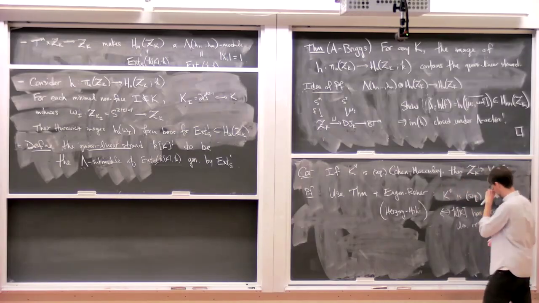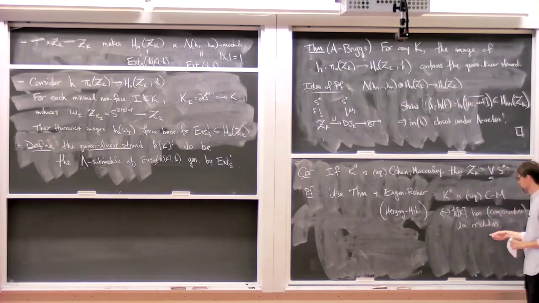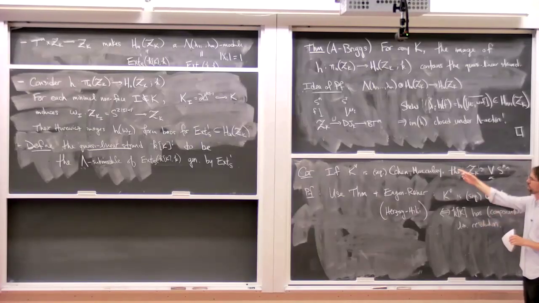So this is just a generalization of the notion of a linear resolution where you don't have to have all your generators in one degree, the generators of your Stanley-Reisner ideal. But in the exact same way, if you have a componentwise linear resolution, then the quasi-linear strand exhausts the whole thing.